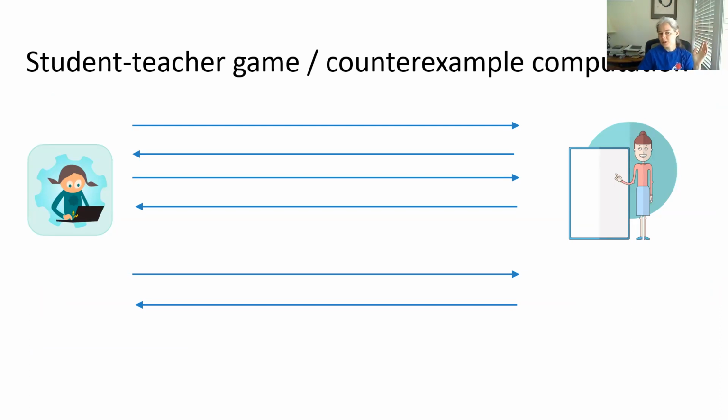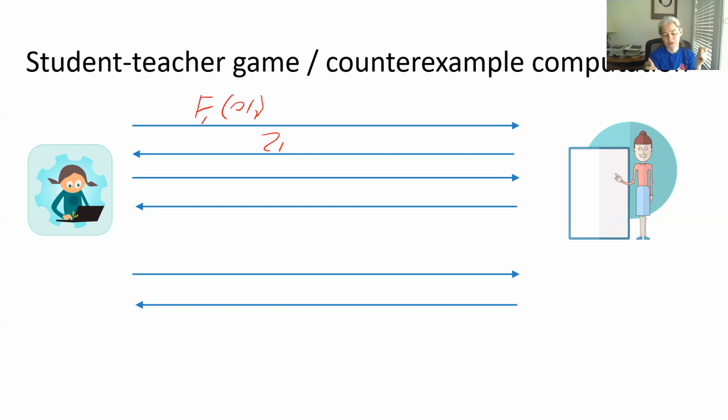Well, Krajicek, Pudlak, and Takeuti already in 91 talked about this in more algorithmic terms. They called it student-teacher game or counterexample computation. And the way it worked is you have your polynomial time algorithm student, which says, okay, so the answer for y is f1 of x.